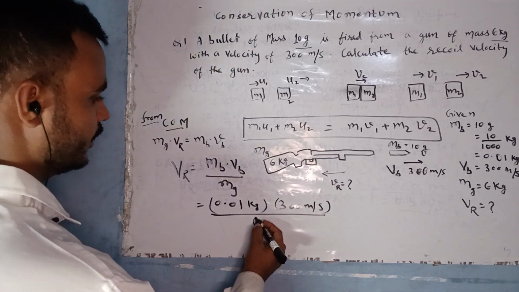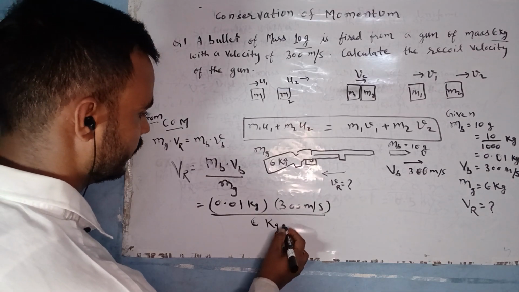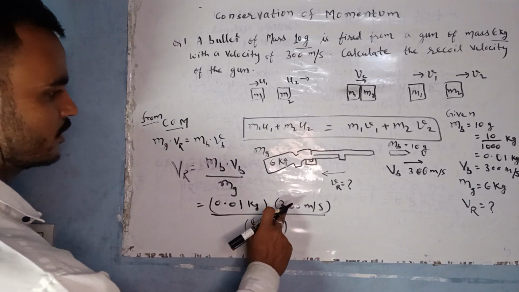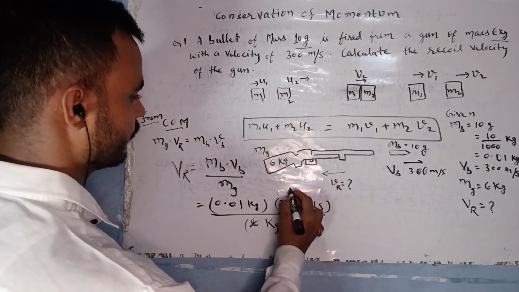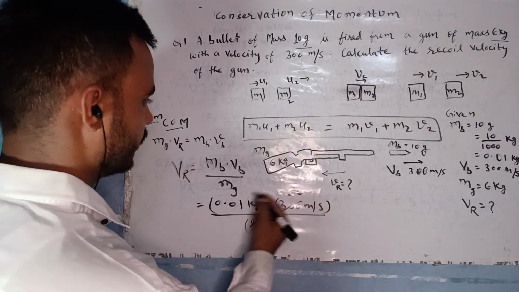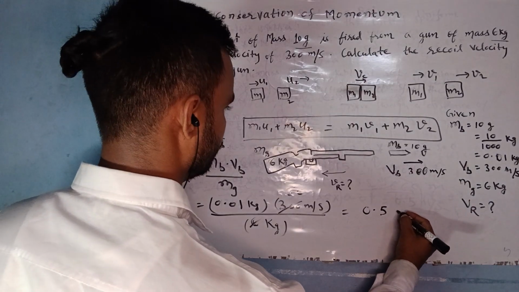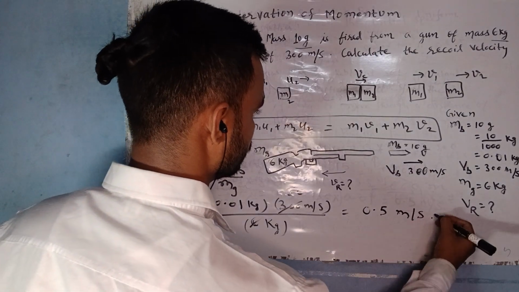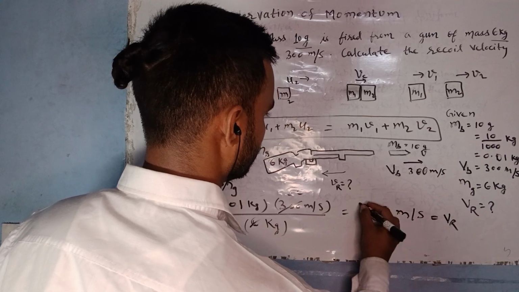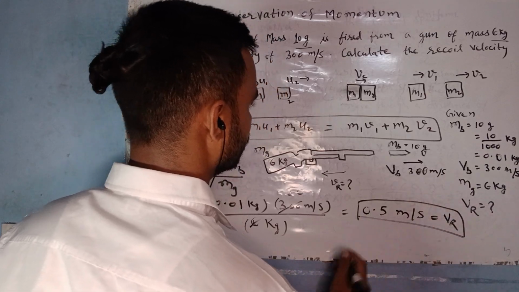So by solving it, 6 cancels with 300 to give 50, and multiplying we will get 0.5 meter per second. So this is the vr, the recoil velocity of the gun.